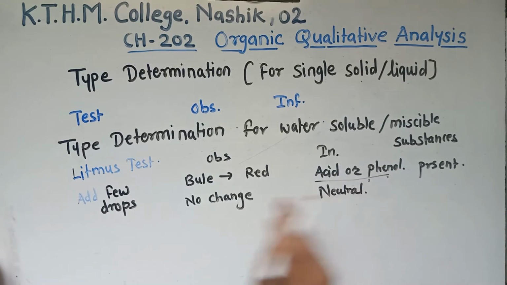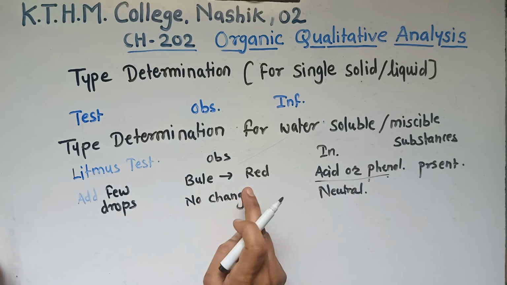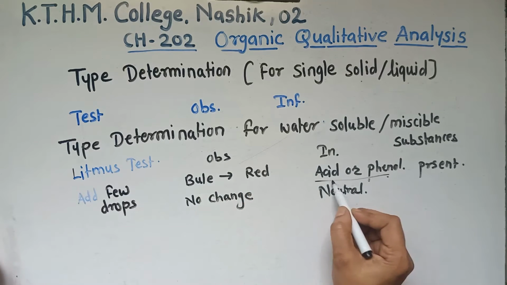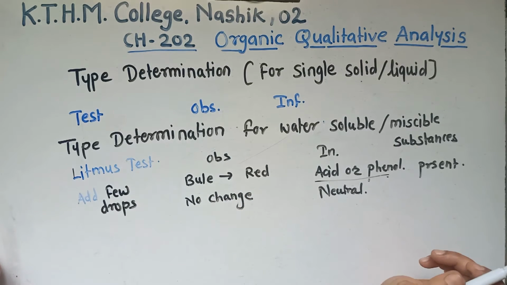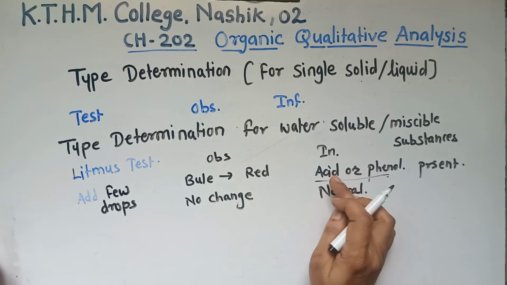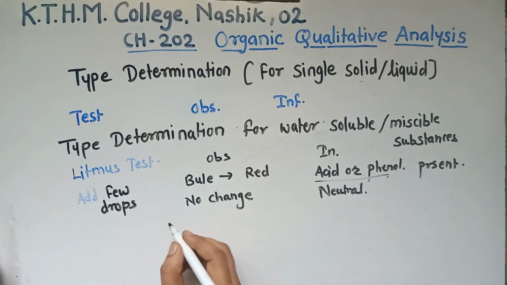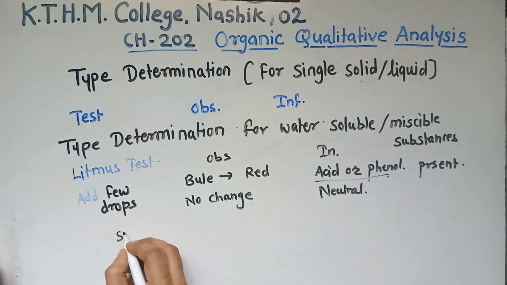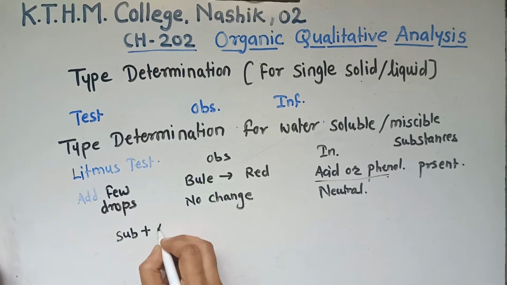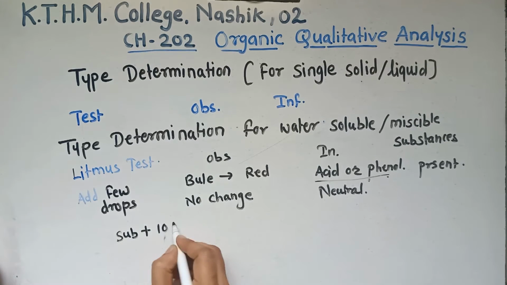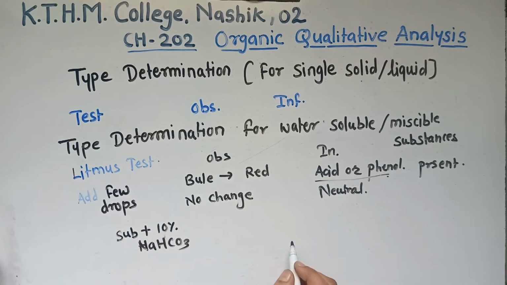If we get a change on blue litmus to red, at that time we conclude that acid or phenol is present. So how to find out whether it is acid or phenol? For that we take a substance, then we add 10% NaHCO3, that is called sodium bicarbonate.